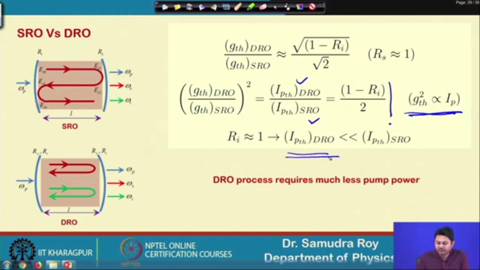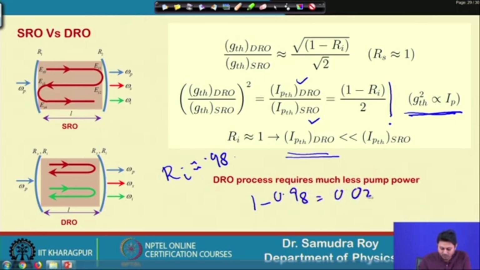So, we can put some value also, say if Ri is of the order of 0.98, which is very close to 1, then 1 minus Ri is 1 minus 0.98, it is 0.02, and now it is divided by 2.